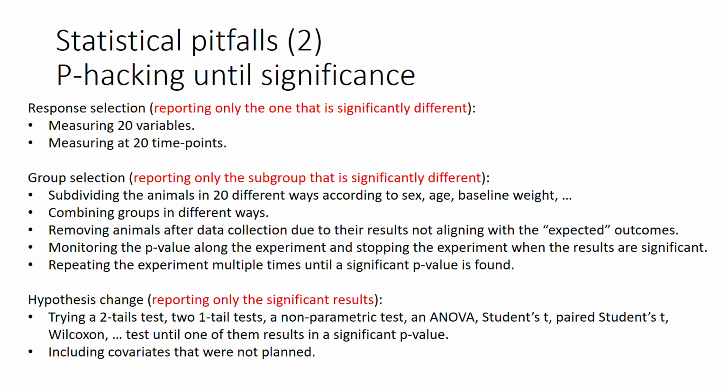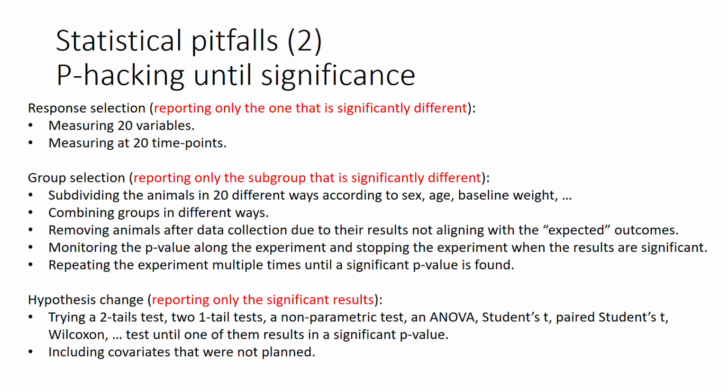Then another pitfall that we may fall into when we analyze our data is p-hacking. So having this alpha, this false positive rate, at 0.05 means that in 5% of your experiments, that is 1 in 20 experiments in which the null hypothesis is true, so there is no difference between the treatments, you think, because of the observations that you have had, that there is a difference.